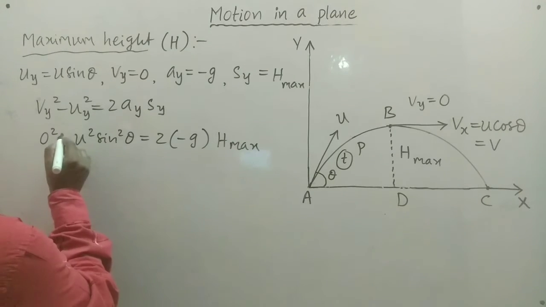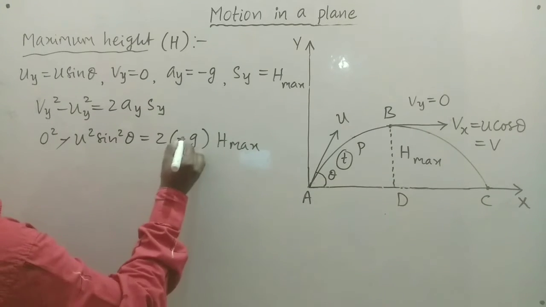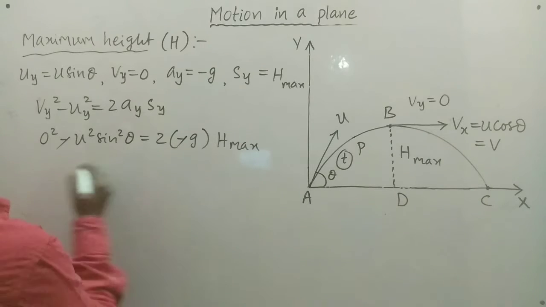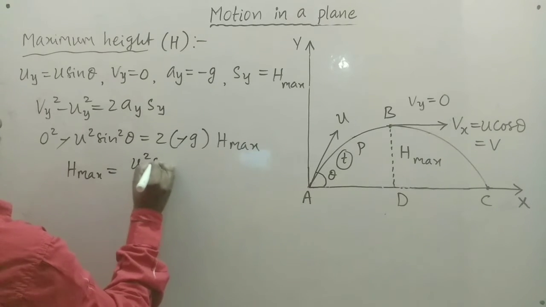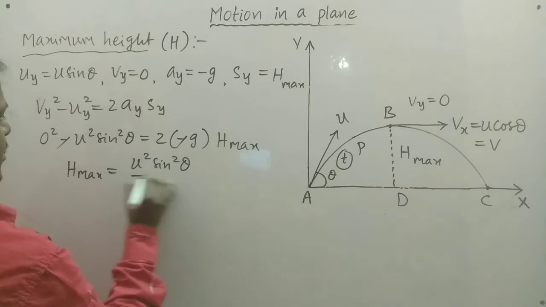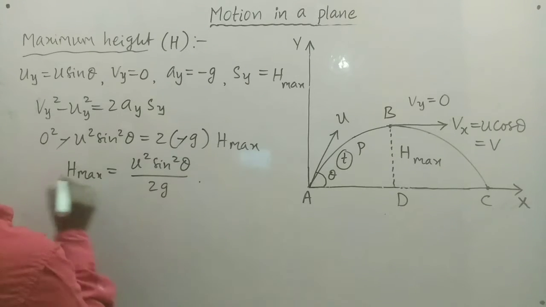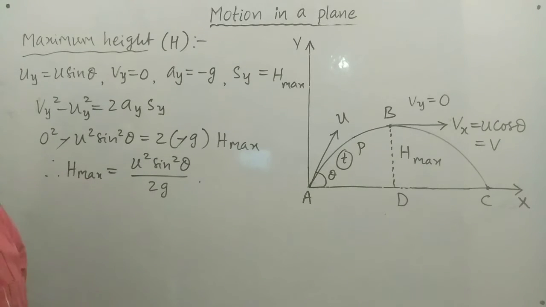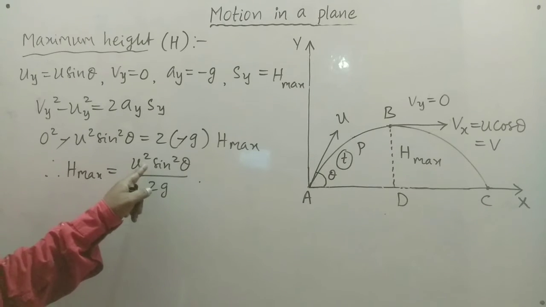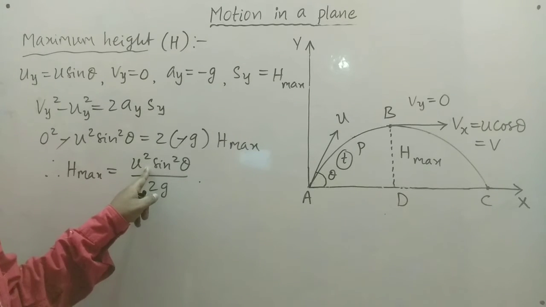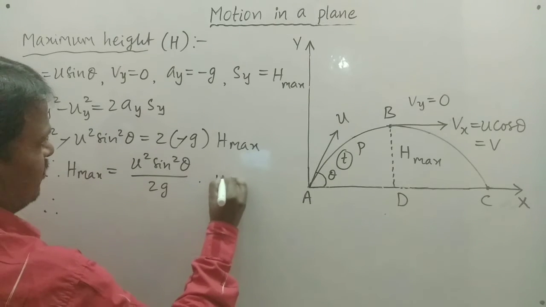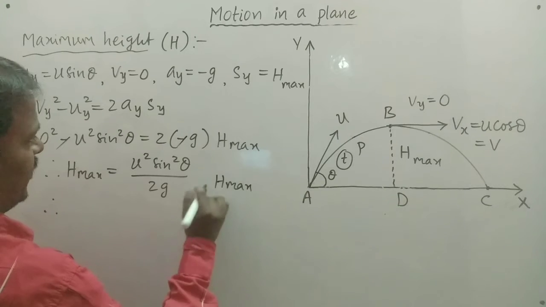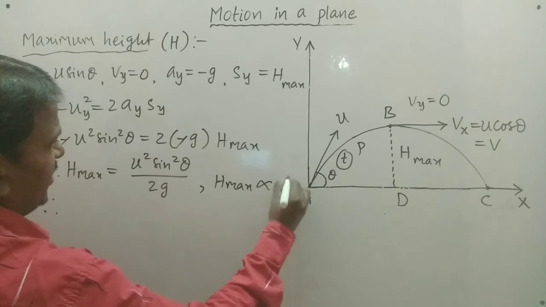The minus gets cancelled, so H maximum is equal to u square sin square theta by 2g. This is the formula for H maximum. It is directly proportional to the square of the initial velocity. Remember that point.